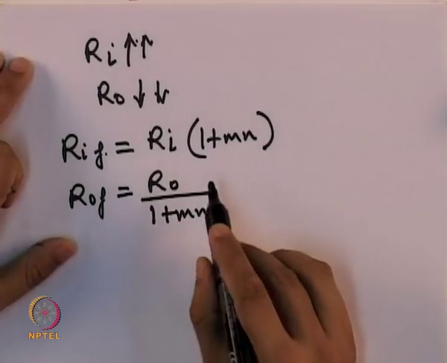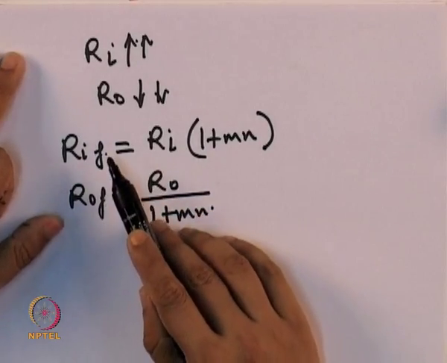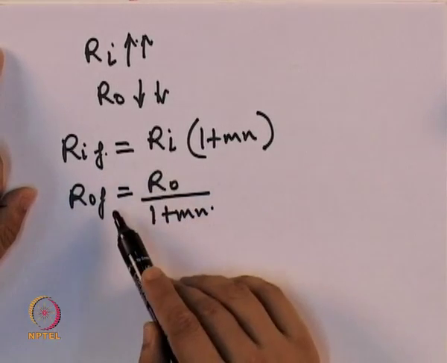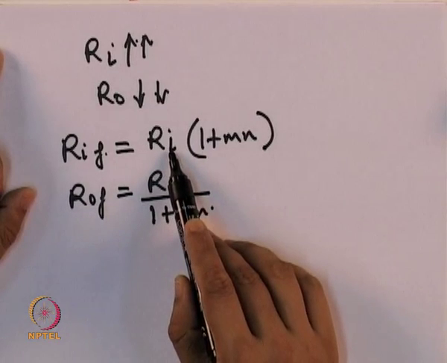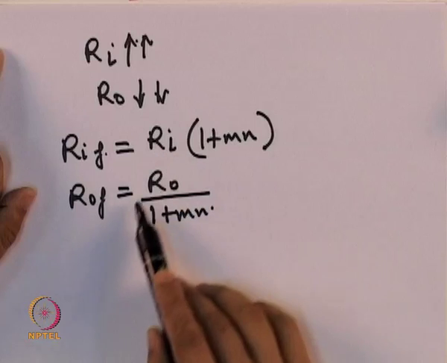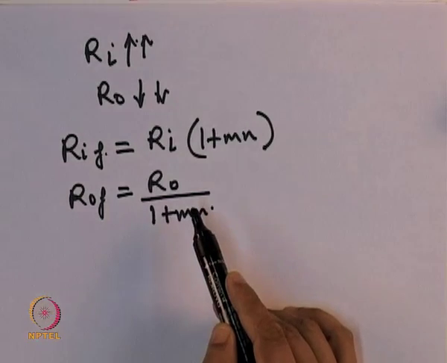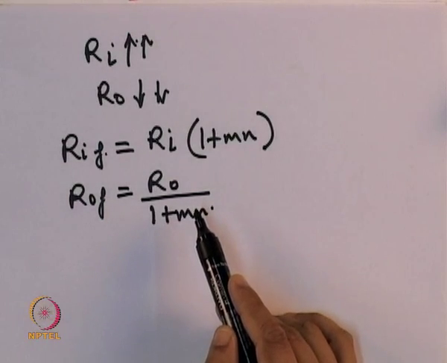As you can see, the input impedance with feedback is now significantly higher as compared to what was there initially, and the output impedance is now significantly lower than what it was initially.